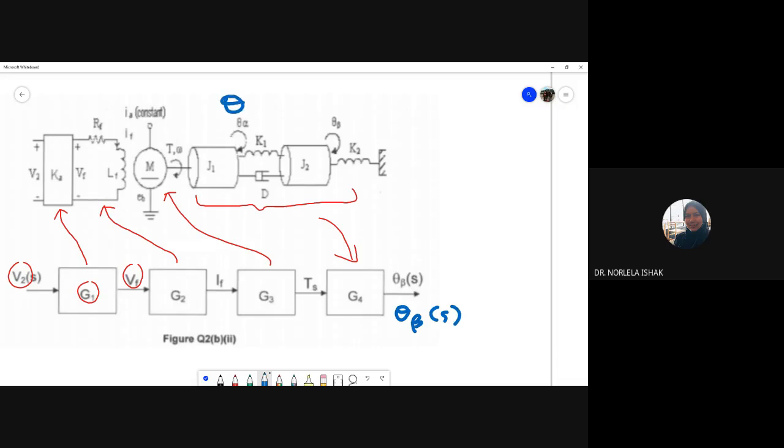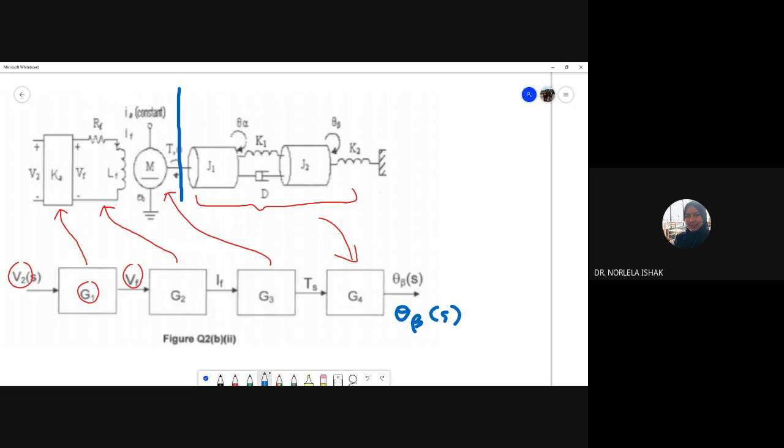Here we have angular displacement alpha and here we have angular displacement beta. We have 2 variables here. So you have to derive this one, for the rotational mechanical system.